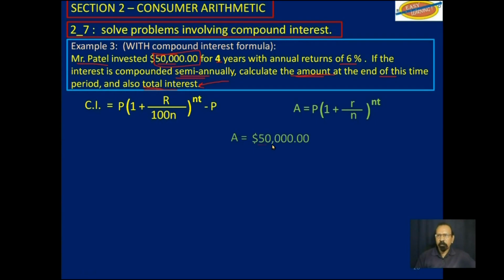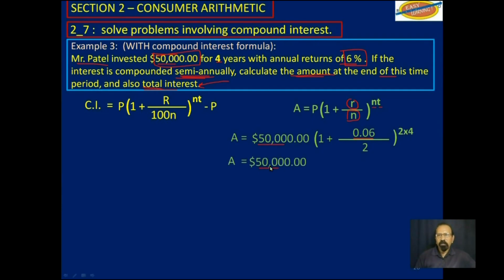Amount is equal to principal, which is 50,000, multiplied by 1 plus, now remember this R is the rate as a decimal, so 6% as a decimal is 0.06 over N. It's calculated semi-annually, so that would be twice per year, and that would be 2 times 4 years.